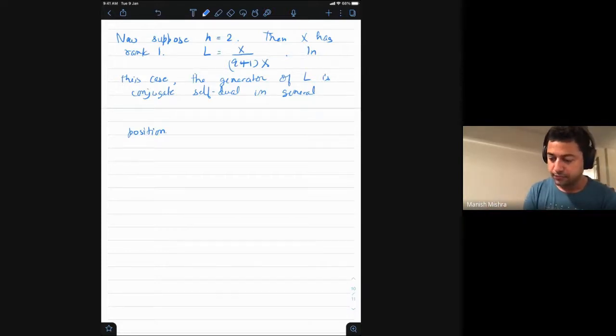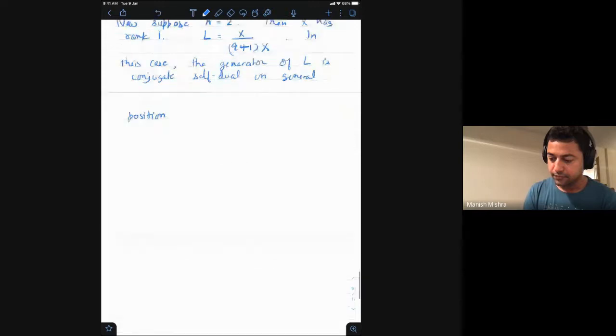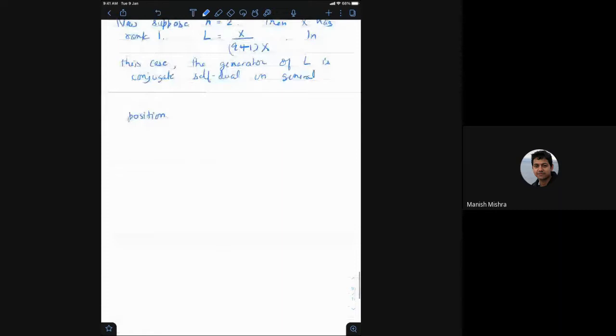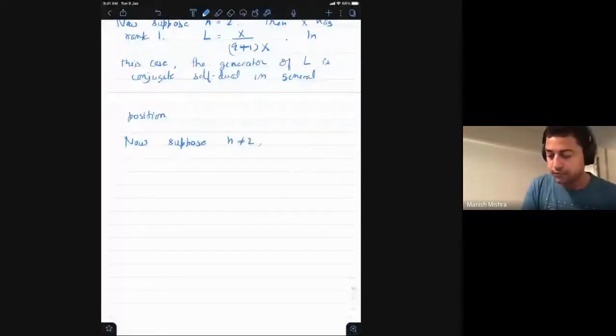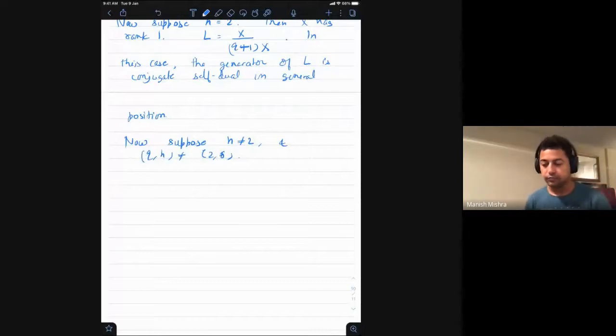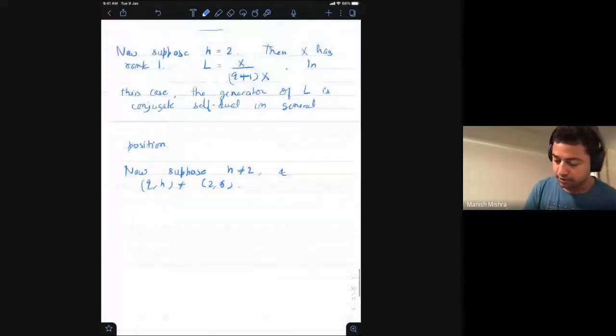So this covers the case of Coxeter number 2. So now, h not equal to 2, and (q, h) not equal to (2, 6).